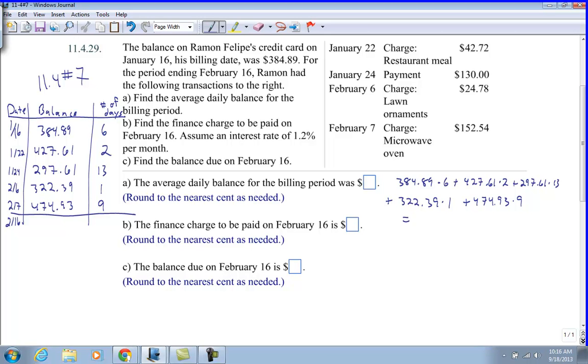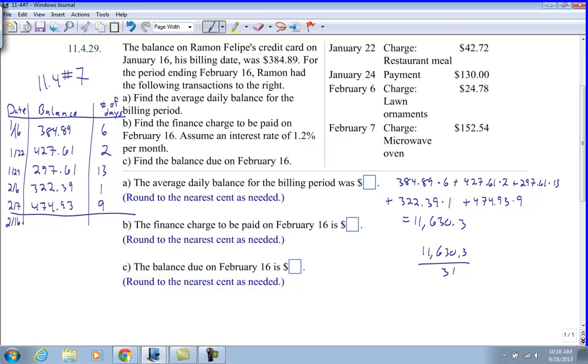I get 11,630.3. And I'm going to take that 11,630.3, divide that by 31 days, because January has 31 days. And we could look it up on the Julian calendar too.